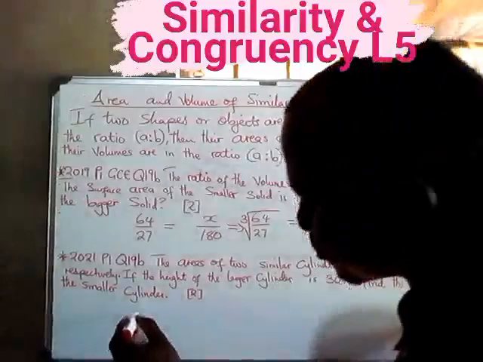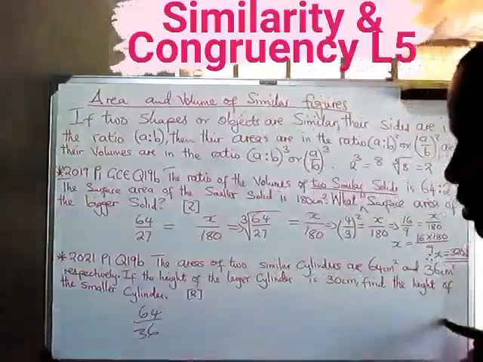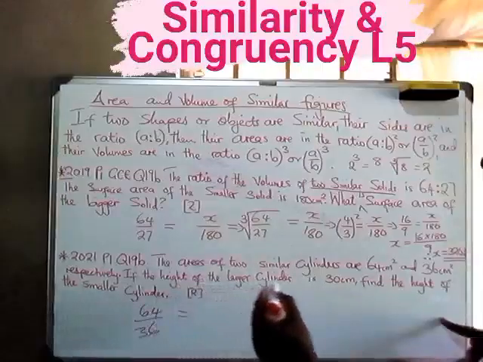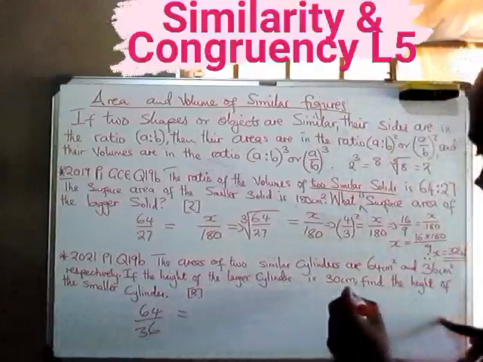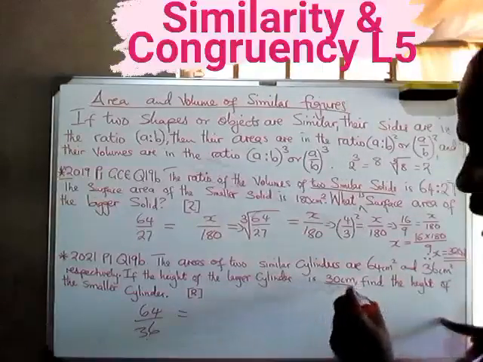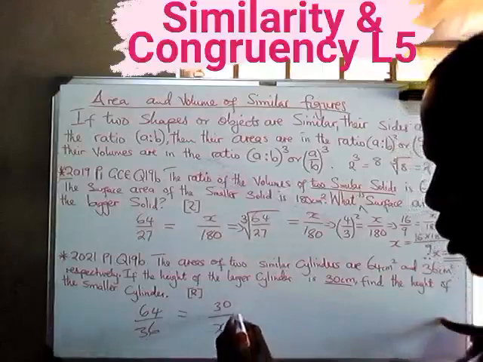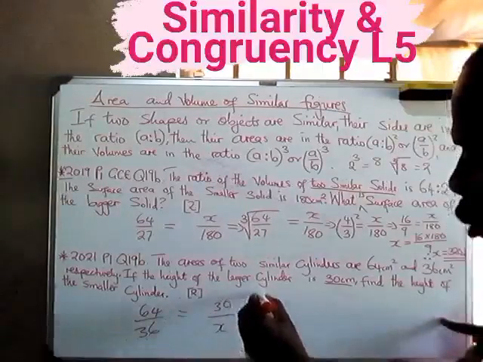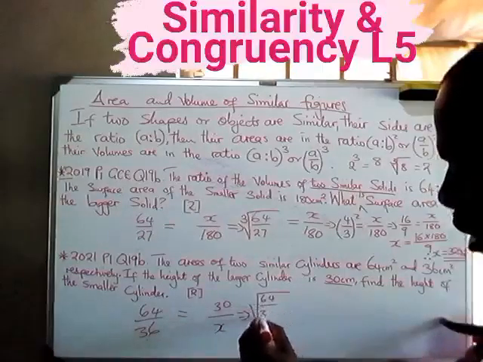So we have 64 over 36 is equal to, if the height of the larger cylinder, so 64 is bigger than this, the height of the larger cylinder will be on top. We are going to have 30 over what we don't know. We find the square root of 64 and 36.